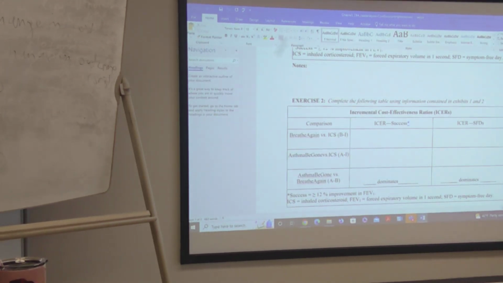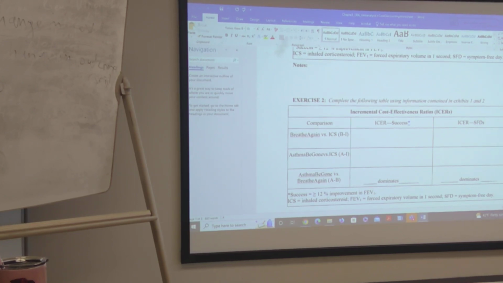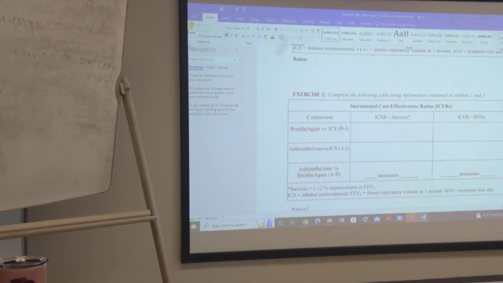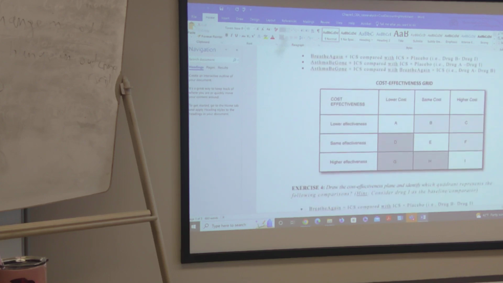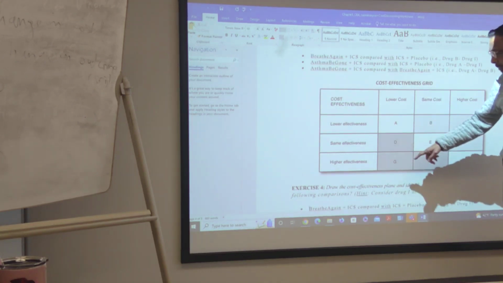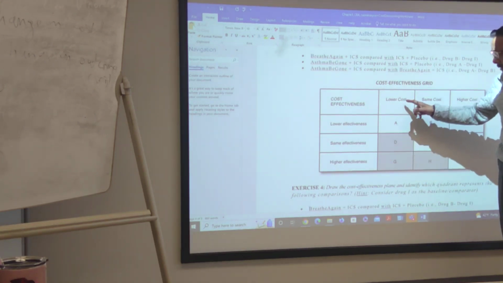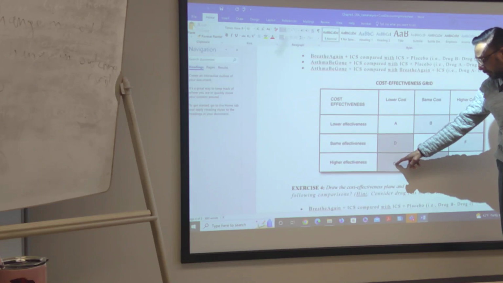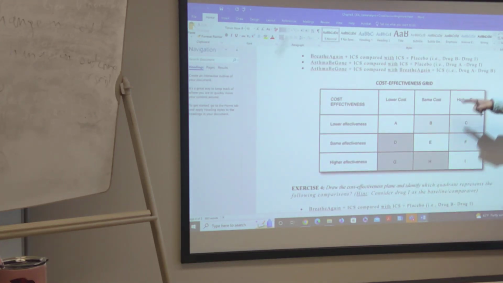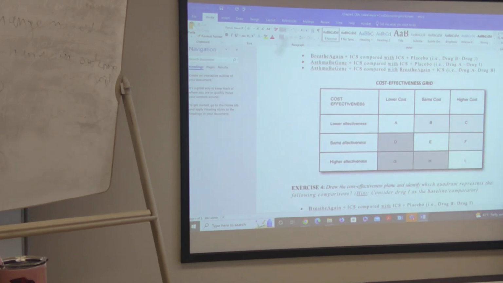It's the same thing as the simple example in the PowerPoint. Once you do that, you can put the results in the grid as I was showing you earlier. Whichever has higher effectiveness and lower cost dominates. It's dominant. Along this one is where you find the cost effectiveness ratio. It is lower cost and higher effective. So you end up in this cell between these three alternatives and we place them over here. The answer.